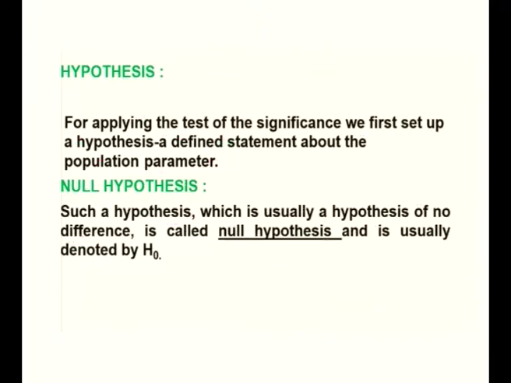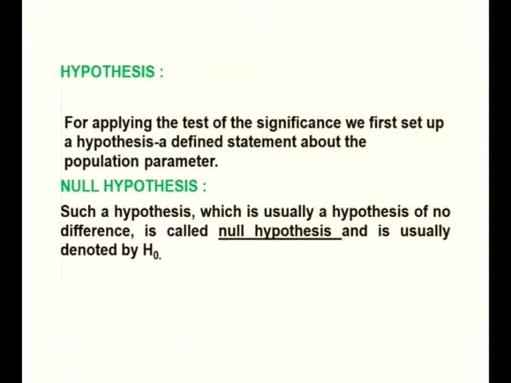For applying the test of significance, first of all, we have to set up an assumption about the inference of the whole testing. So, for applying the test of significance, we first set up a hypothesis. A hypothesis is a defined statement about the population parameter.